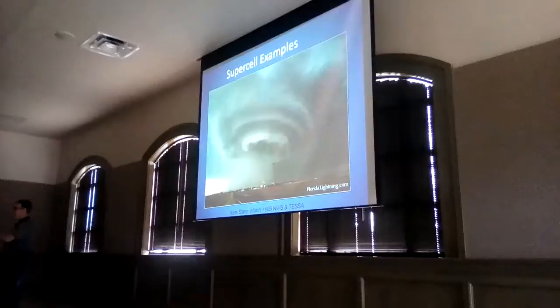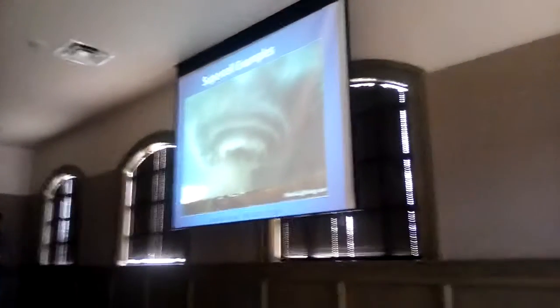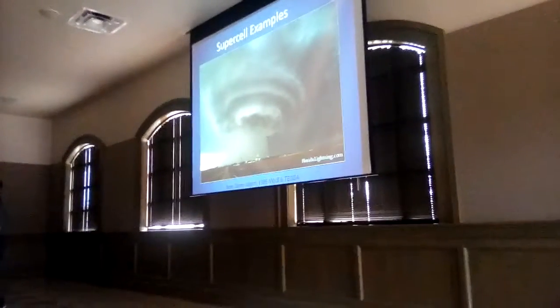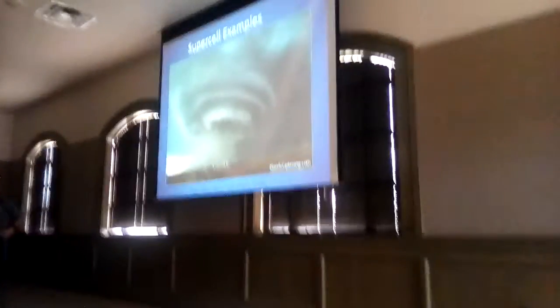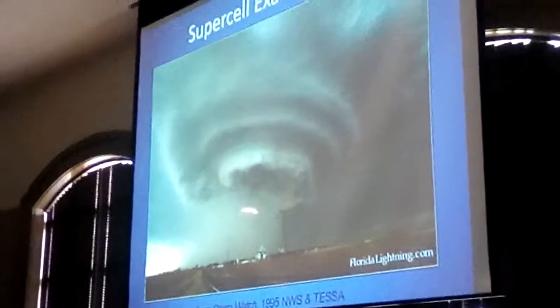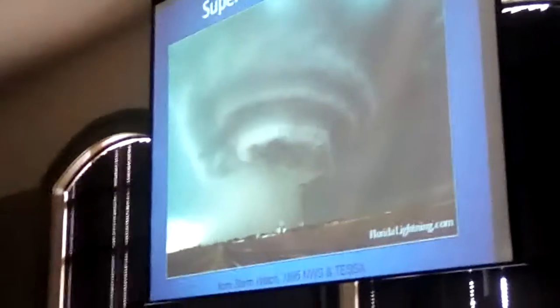And these are the types of storms that give you tornadoes, the largest of the large hail. That's why the supercells are so important to recognize. In this case, you see a bit of a rain or even hail shaft there, but they can produce tornadoes for sure. Okay?